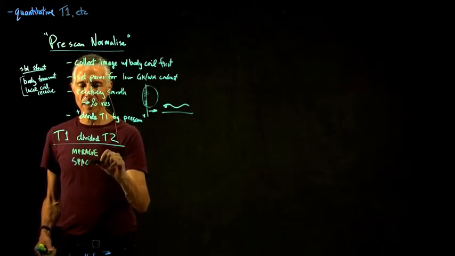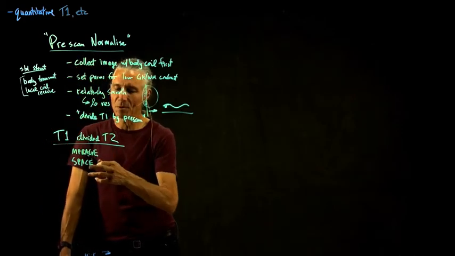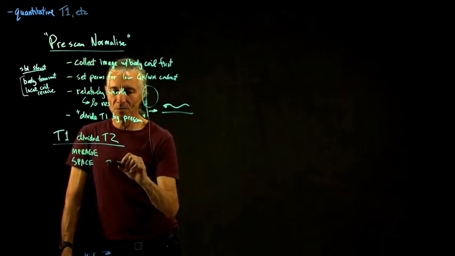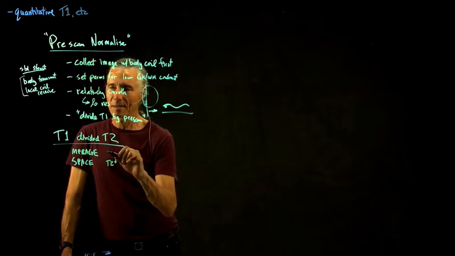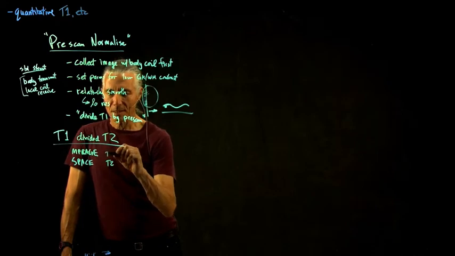So the SPACE scan, a T2 weighted SPACE scan, you can get a proton density weighted one too, but you collect a T2 weighted. This is T2, or T2 star actually. That's right, spin echo, so it's T2. And this one is T1.